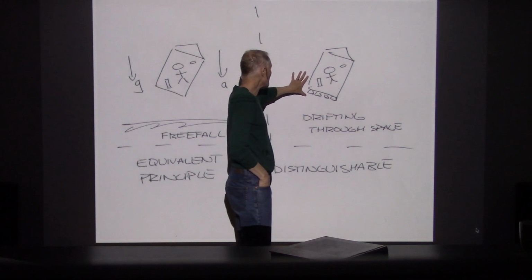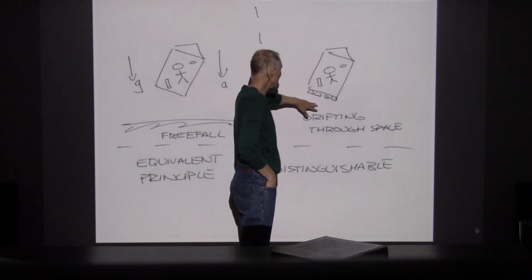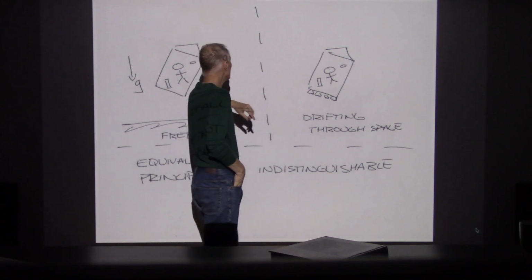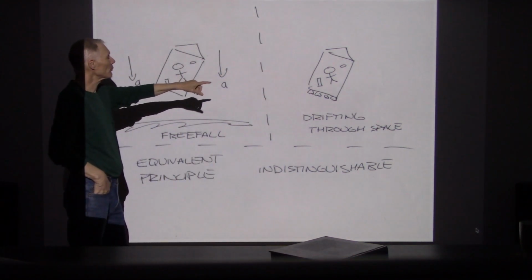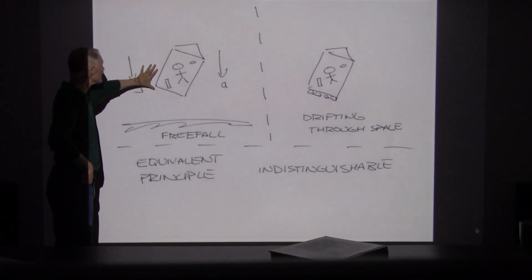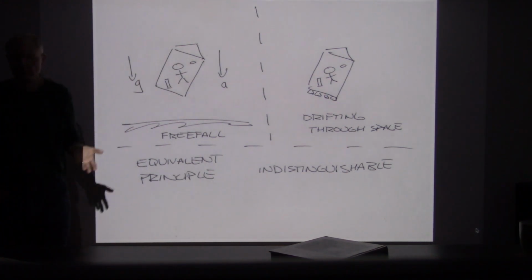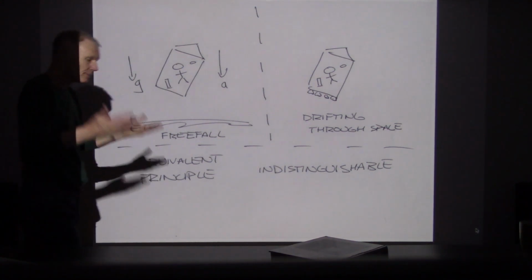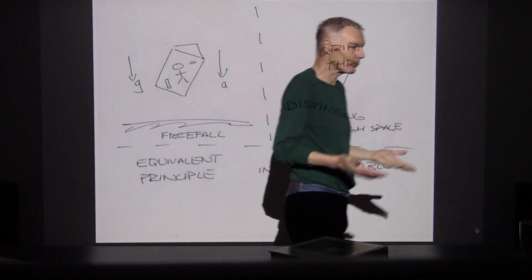Here's the person out in space, drifting through space, and everything's kind of floating around in the spacecraft. That would be, Einstein said, and this is the way it really appears to work, the same thing as falling in a spacecraft, free falling.